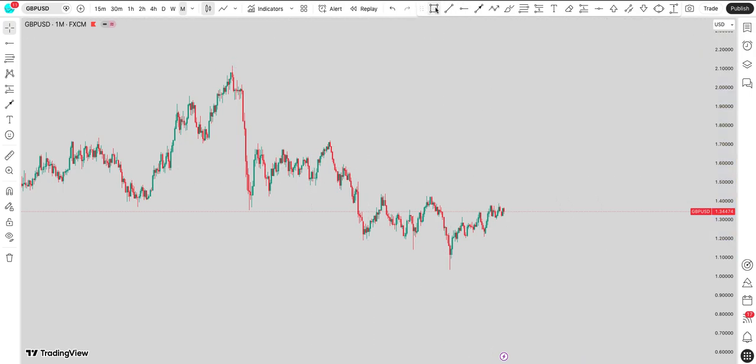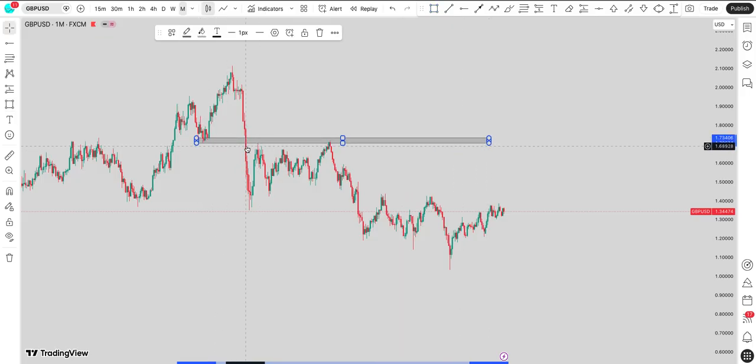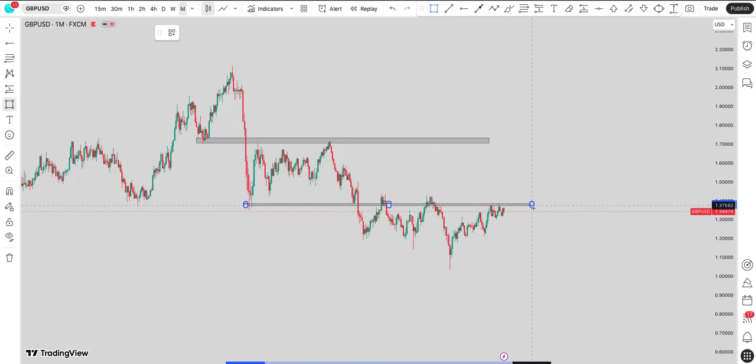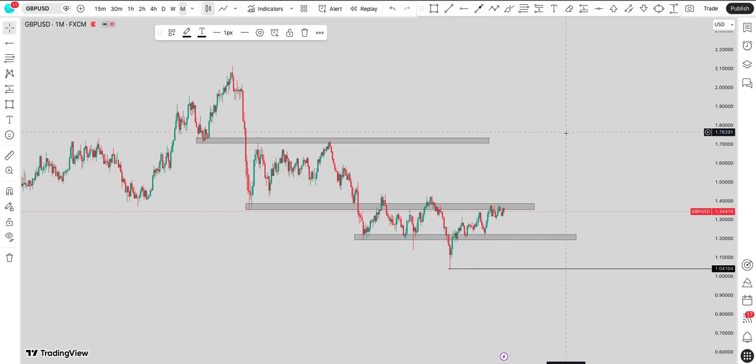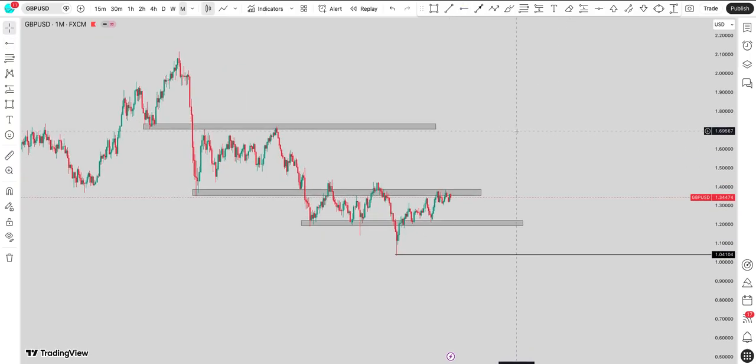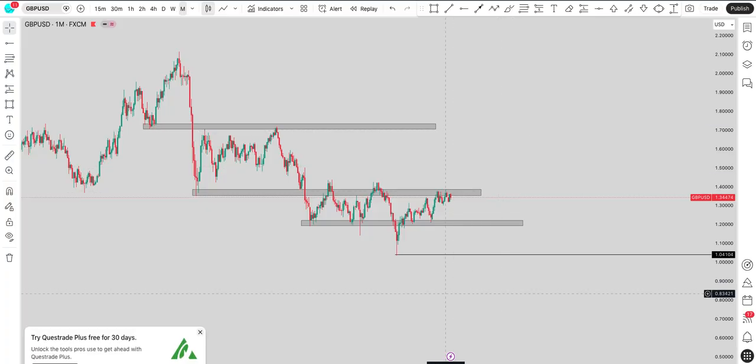Ever since the market broke this low here in 2008, we tested it in 2014, and ever since it has just been dumping. These are the major structures. We already have a new low in the market, which is here. So I've been able to identify that GBP USD is on a bearish trend.